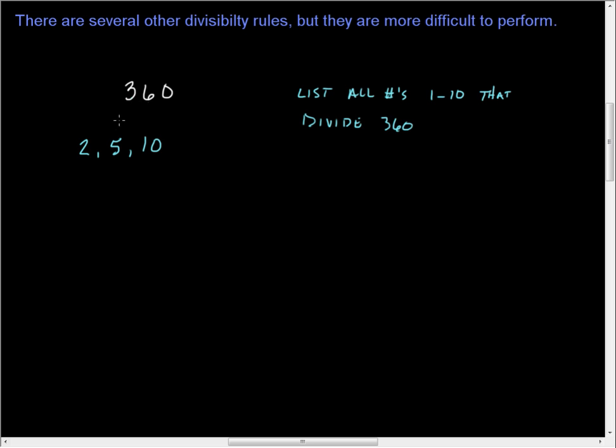If we check the 9s, 3 plus 6 plus 0 equals 9. That tells us that 3 and 9 work. As we look at the last 2 digits, 60 is equal to 4 times 15, and since 4 divides 60, it also divides 360, so 4 works.